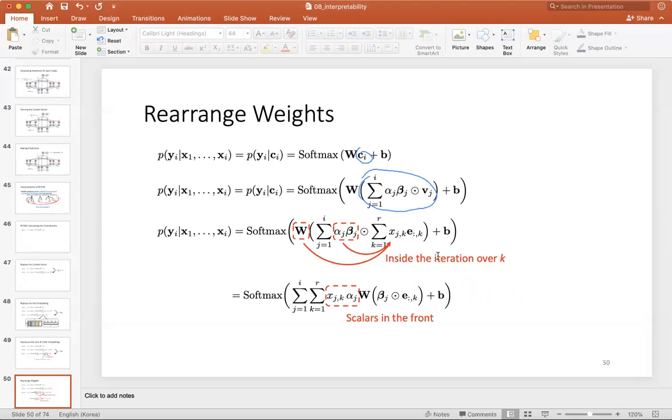Then you put the scalar values to the front: this is either 0 or 1, and alpha J is the scalar value indicating the importance of the jth visit. The vectors and the weights go to the right. This is the weight matrix, and this is a vector, also a column. So you can rewrite it like this.